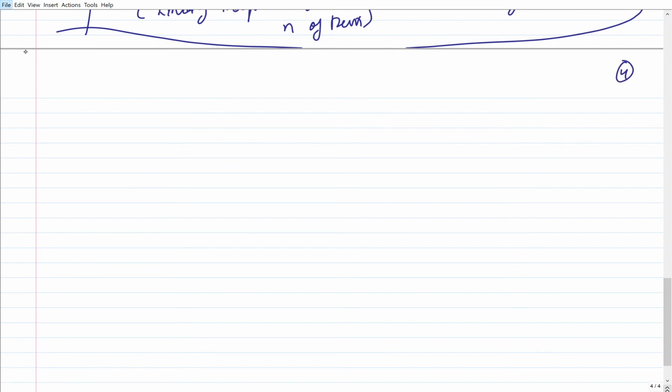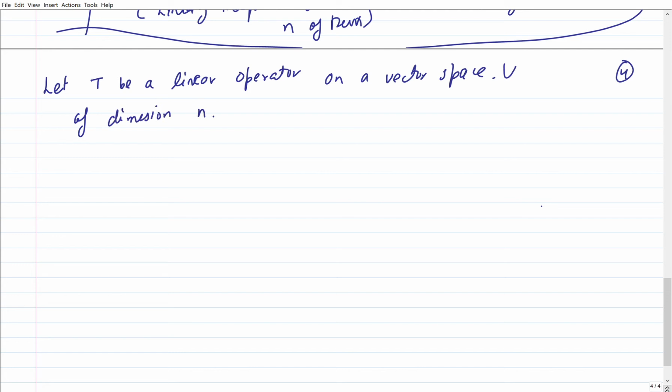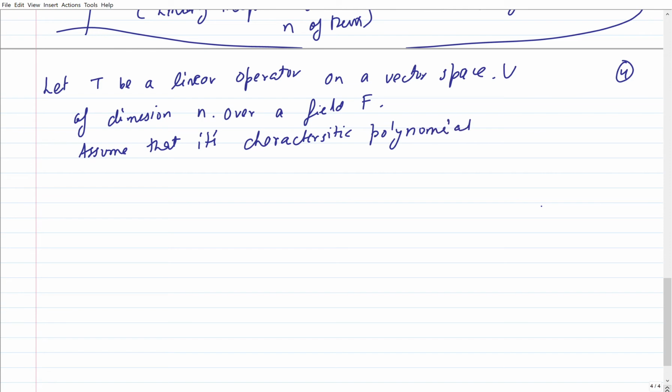And the theorem says, let T be a linear operator on a vector space V of dimension n over a field F. Assume that its characteristic polynomial has n distinct roots in F.